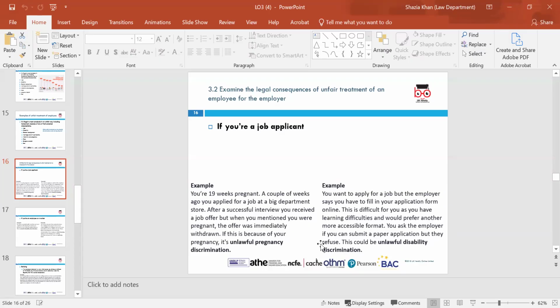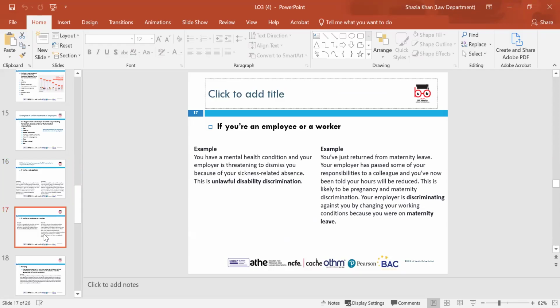Another example is you want to apply for a job, and the employer says you have to fill in your application form online. This is difficult for you as you have learning difficulties and would prefer another more accessible format. You ask the employer if you can submit a paper application, but they refuse. This is unlawful disability discrimination. This applies if you're an employee or a worker.